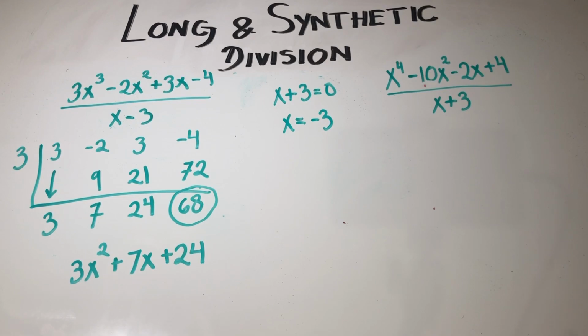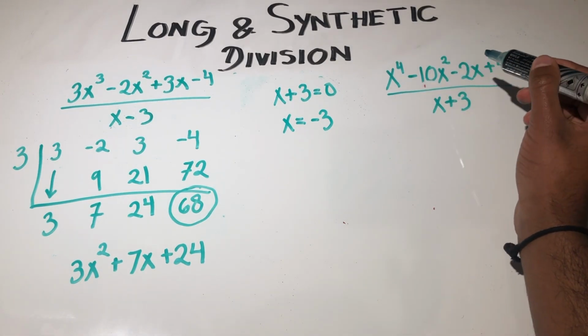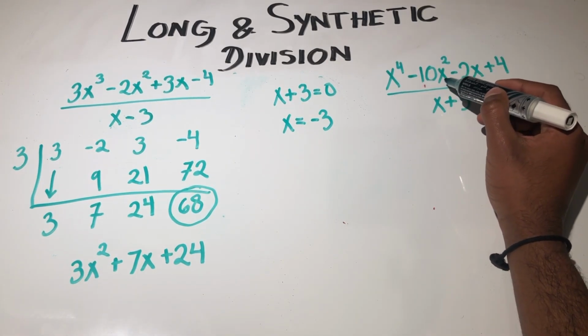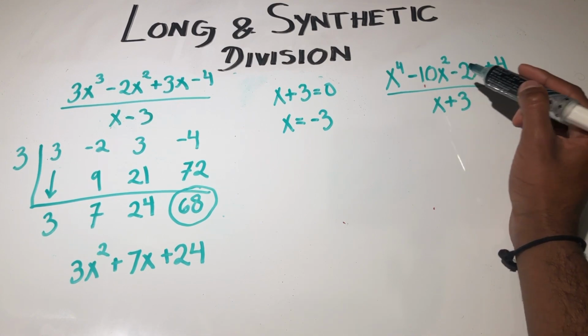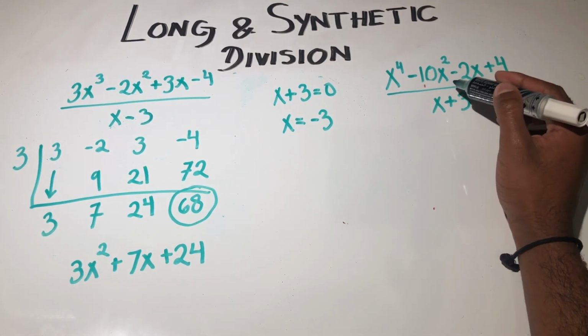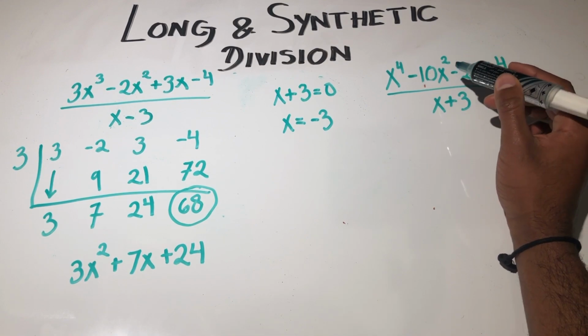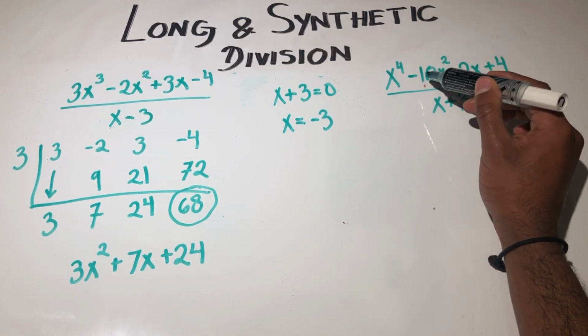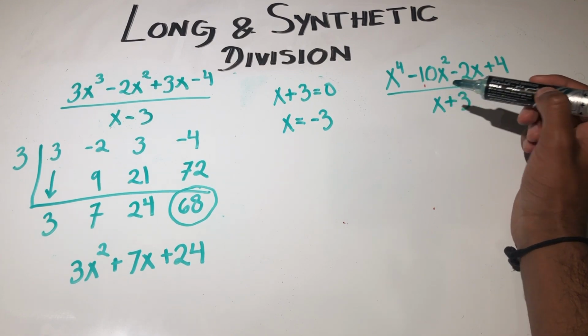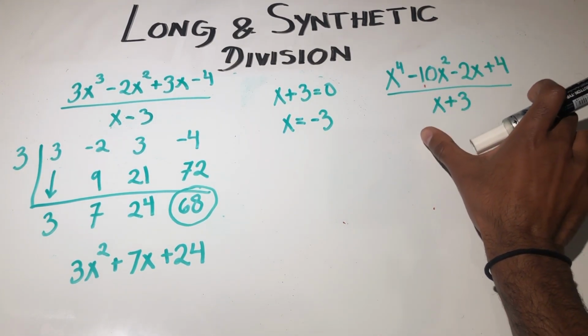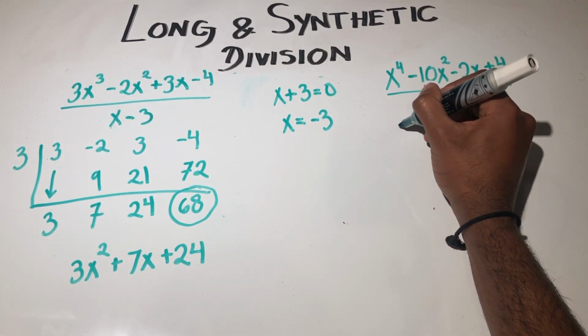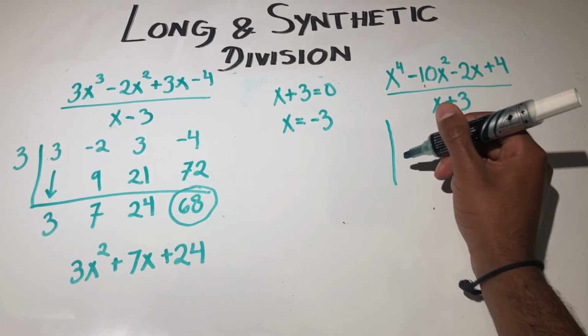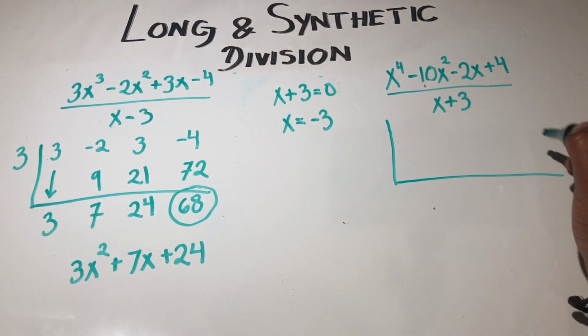Now keep in mind, just like long division, if there's a degree that's not visible in the dividend, you have to put a 0 as a placeholder. The degree that's not visible here is x cubed. So you're going to list it in the table. Let's write the table here.